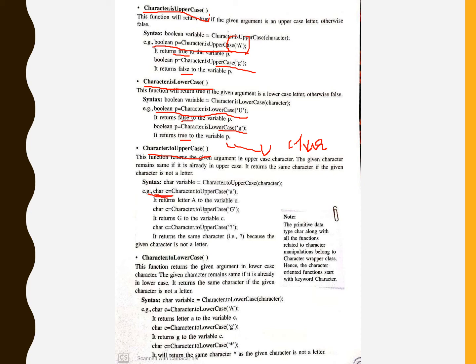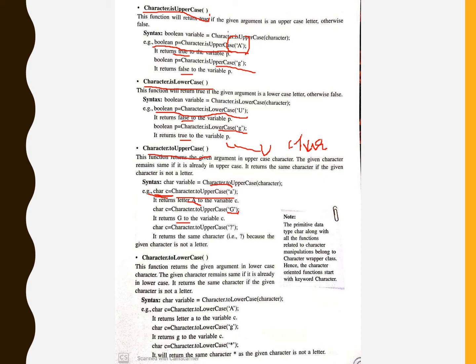For example, here char c = Character.toUpperCase('a'). So it will convert the small a into a capital A. So what will it return? It will return capital A. Uppercase capital G is already in uppercase, so it again returns the same value G.